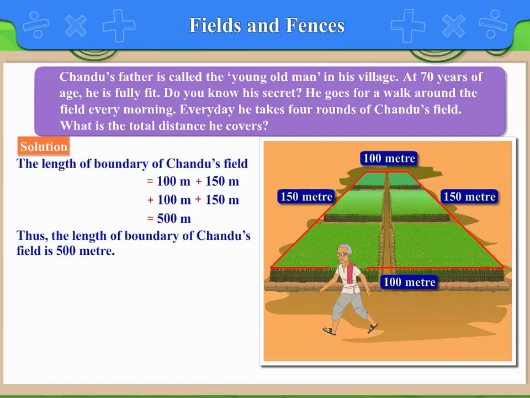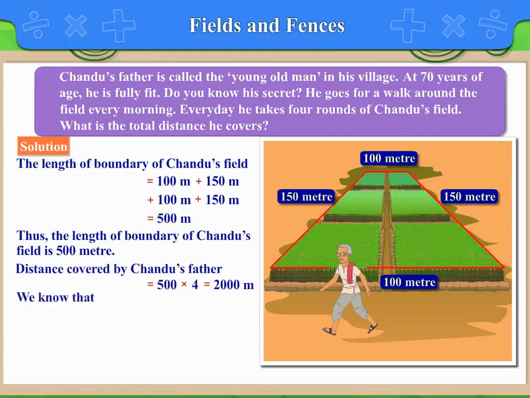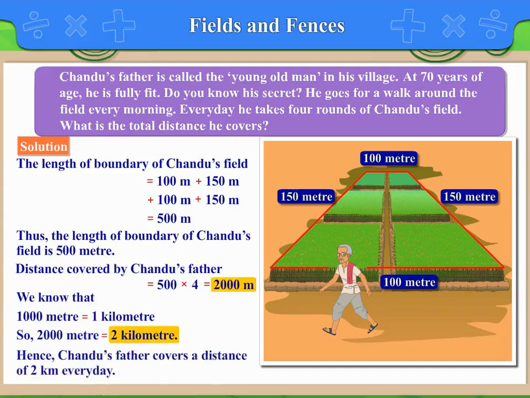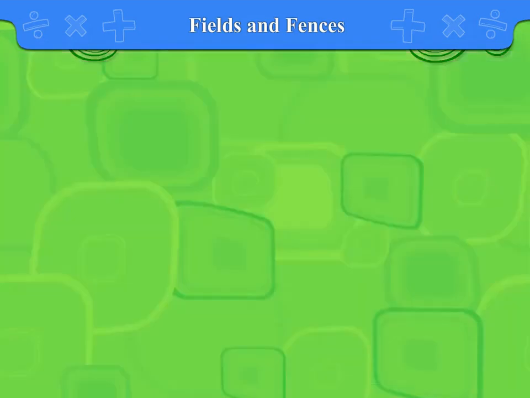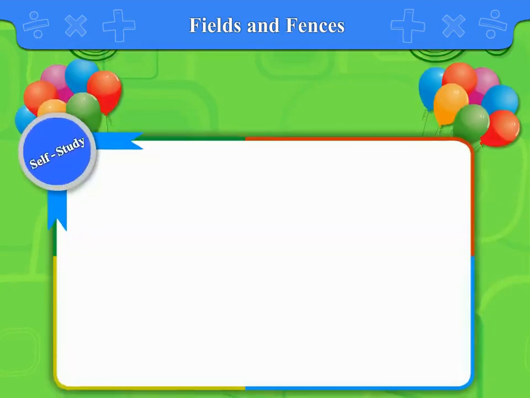To find the total distance covered by Chandu's father, we will have to multiply 500 by 4. We get 2000 meter. We know that 1000 meter is equal to 1 kilometer. So, 2000 meter is equal to 2 kilometer. Self-study.